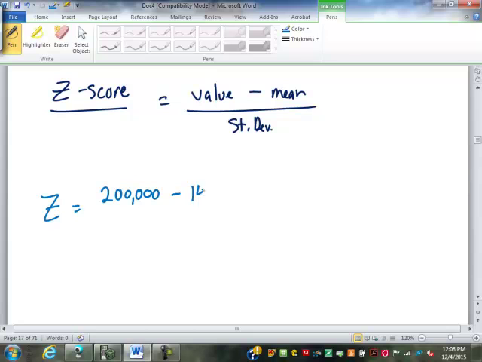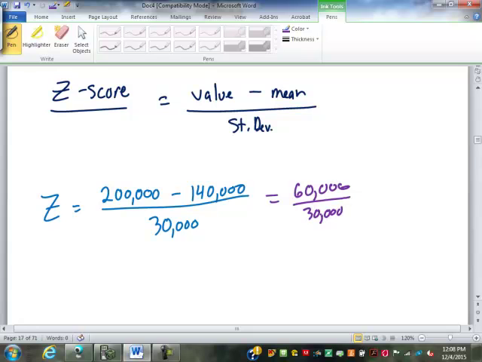Subtracting the mean of $140,000 and dividing by a standard deviation of $30,000. Well, 200 minus 140 is 60,000. Divided by the 30,000 is 2. It's a positive 2, which is important. What that is telling us is the price of this house was 2 standard deviations above the mean, or greater than the mean.